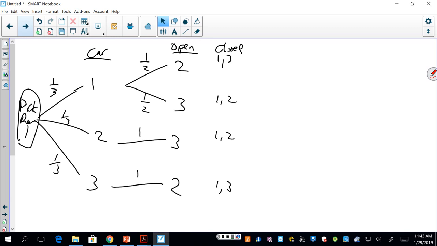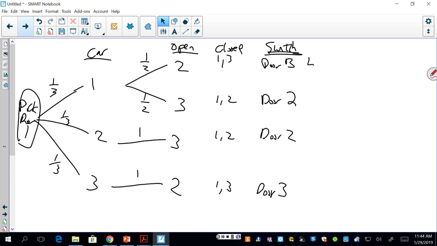Do you want to think about switching? Right. So if you switch, you would go to door 3. Over here, you would switch to door 2. Here, you switch to door 2. Here, you switch to door 3. In this case, if the car was really on 1, switching would lose for you.